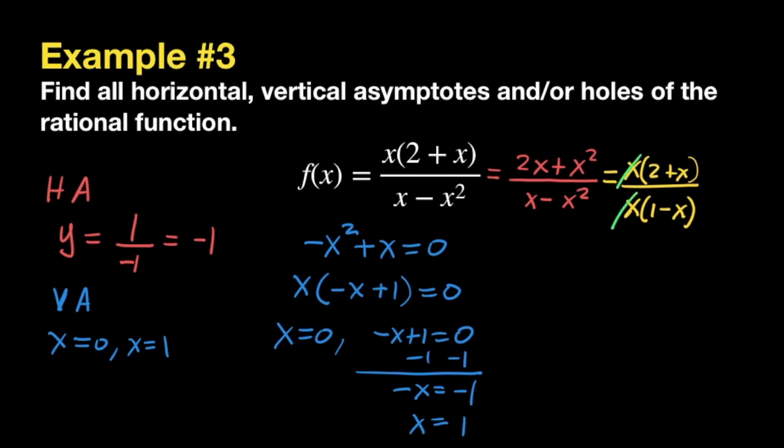So that means that we're going to have a hole at x is equal to 0. And because we already have a vertical asymptote at x equal to 0, we're actually going to cancel it from the vertical asymptote. So it's not going to be an asymptote anymore, it's going to be a hole.